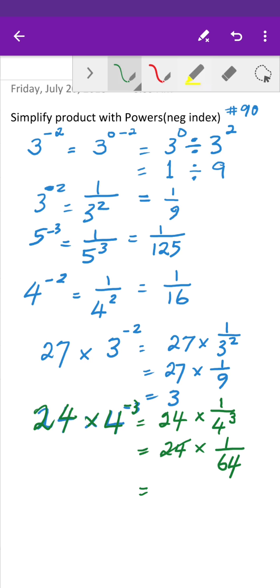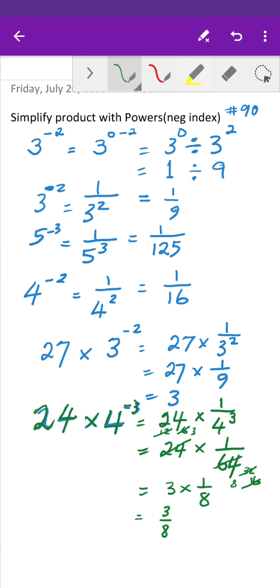I can see that 2 goes into both of these, so half of 24 is 12, half of 64 is 32, and 2 again can cancel. So half of 12 is 6, half of 32 is 16. 2 will cancel again, half of 6 is 3, half of 16 is 8. Nothing else will cancel. We've got 3 on top, and 1 over 8. So our final answer is 3/8.